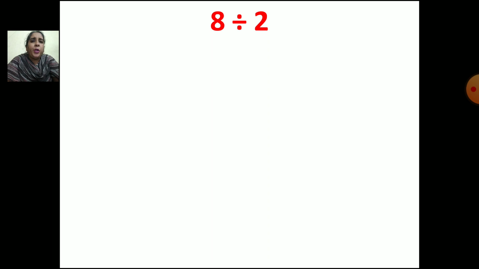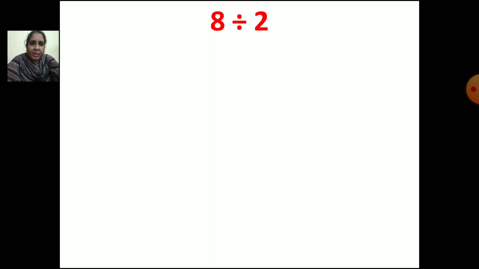Okay, you are going to put the number of dots to find the answer. Now here, 8 divided by 2, which is the divisor here? 2. Which is the dividend here? 8.